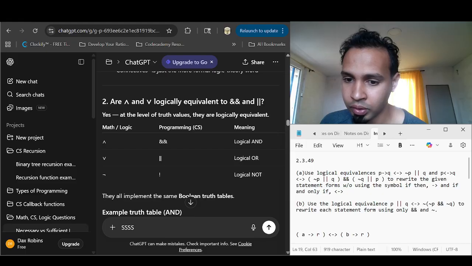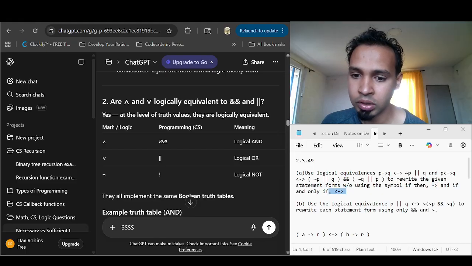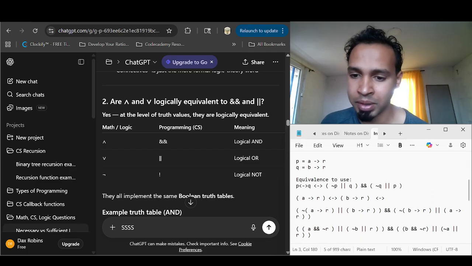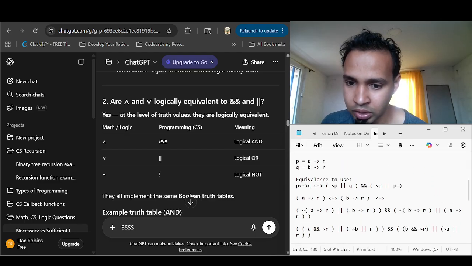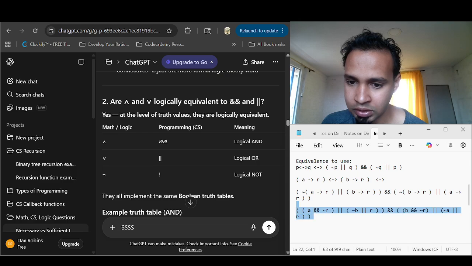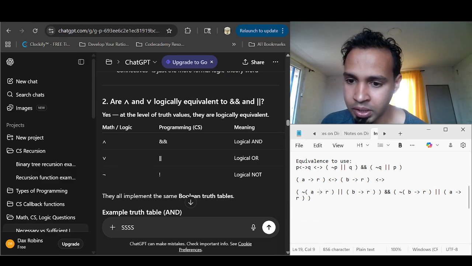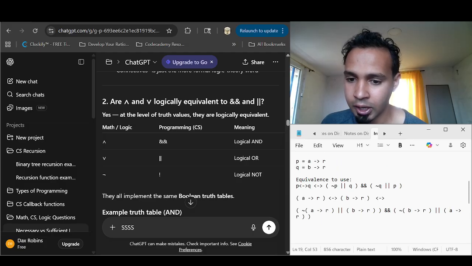Now, I think our goal for the first problem is to get rid of the if-then operators and the if and only if operators. I keep calling them statements, but I mean operators. If we look at this, I'm going to delete this second one. So this is P, Q, Q, P basically. We got rid of the if and only if operator.